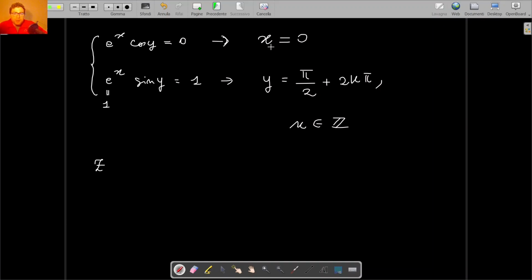The real part is 0, so we have to write down only the imaginary part, which reads i times pi over 2 plus 2k pi, with k belonging to the relative numbers. So we have solved the first part of this exercise.